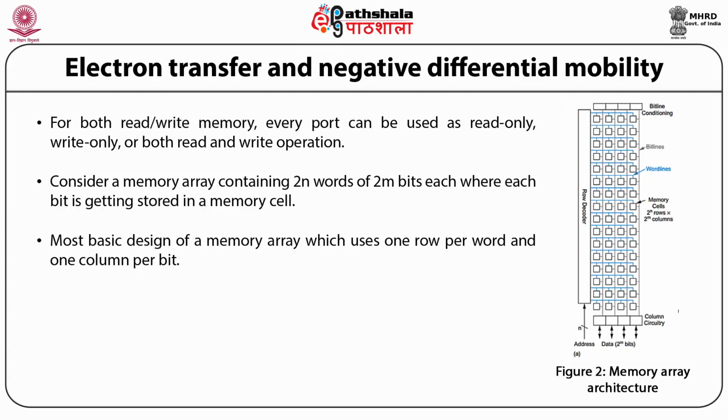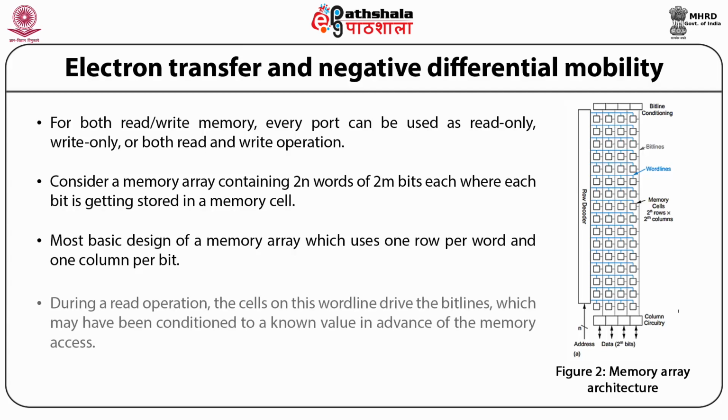By asserting the word line, the row decoder activates one of the rows using the address. During a read operation, the cells on this word line drive the bit lines, which may have been conditioned to a known value in advance of the memory access.